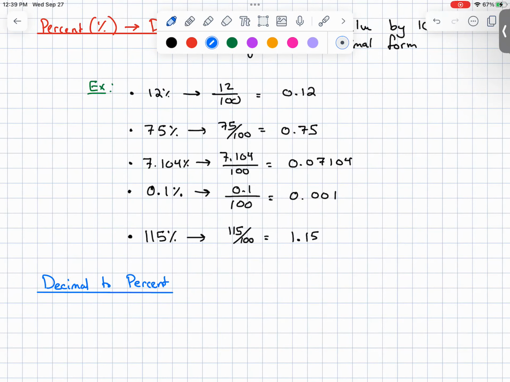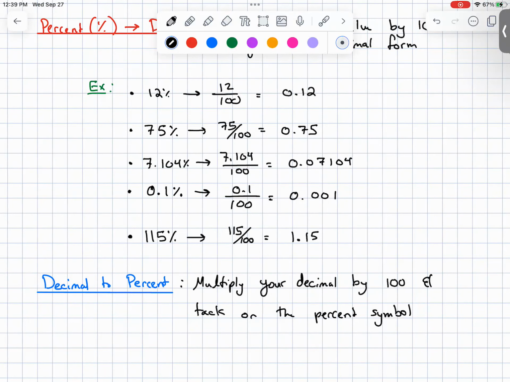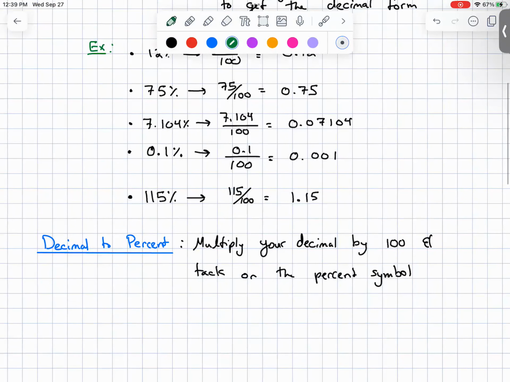So to convert from decimal to percentage, you multiply your decimal by 100 and tack on the percent symbol. You multiply by 100 and then write the percent symbol to symbolize that it's in its percent form.